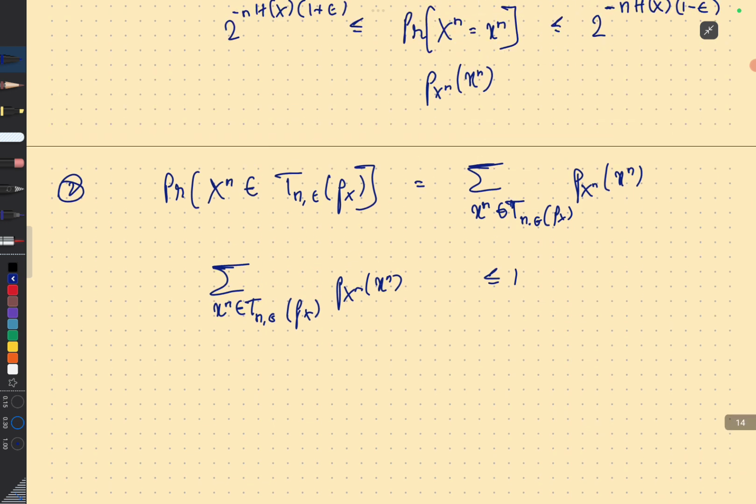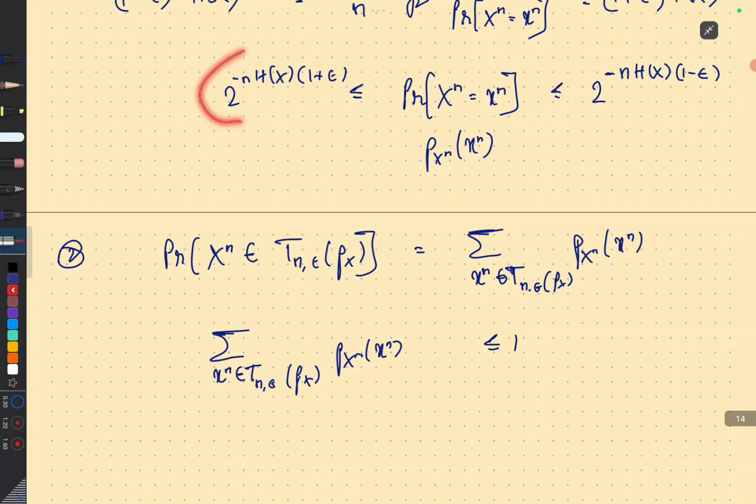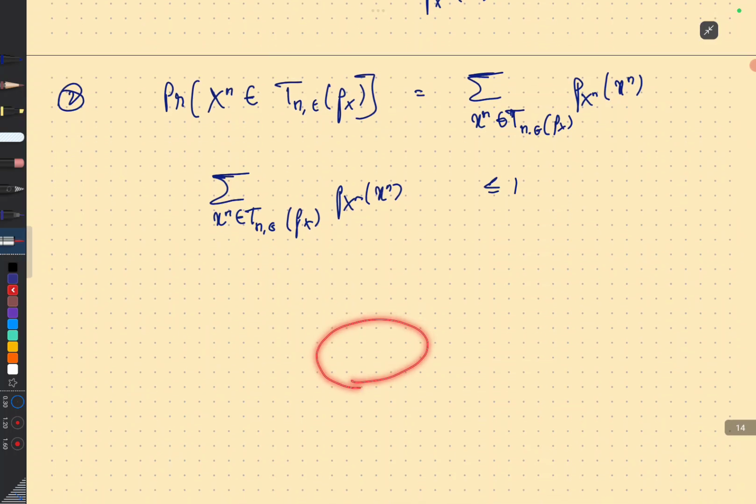And we also know that the probability of any sequence in the typical set is at least 2 to the minus n times the entropy times 1 plus epsilon. So I'll use this particular lower bound to lower bound this quantity.